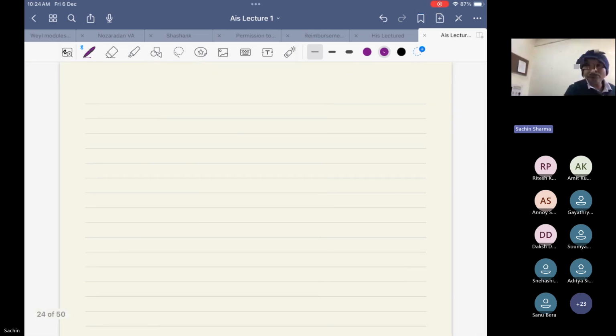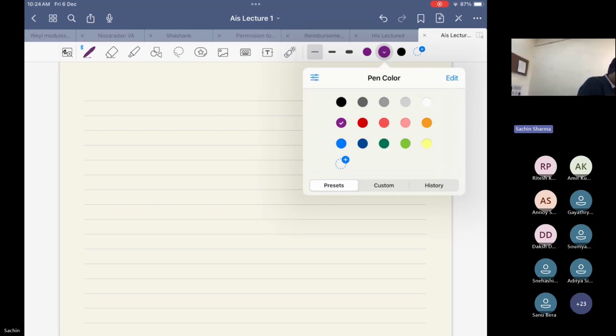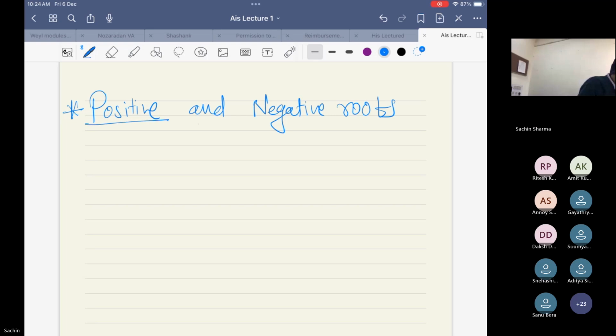Here is a very crucial thing. What is a positive and negative root actually?